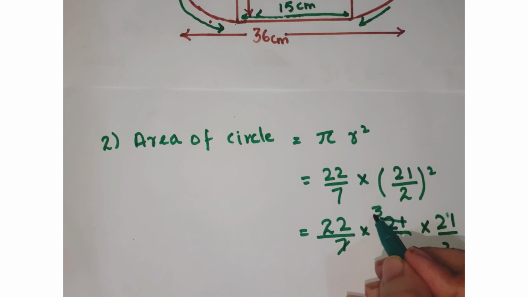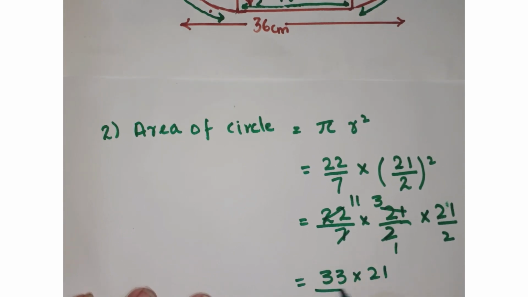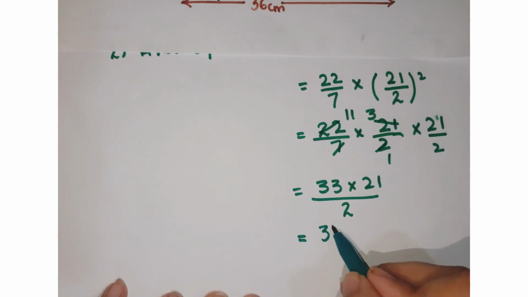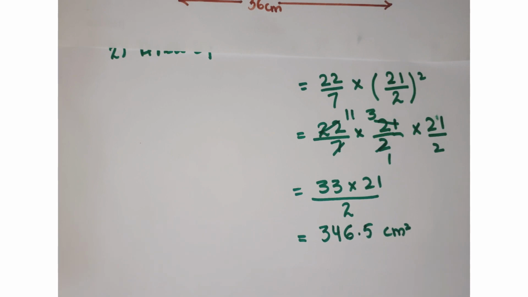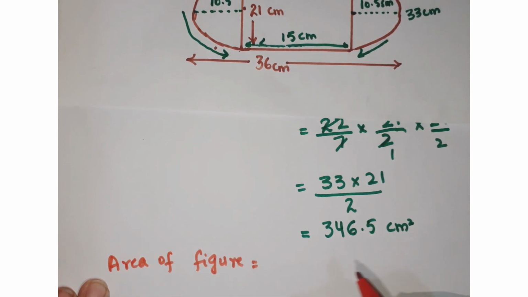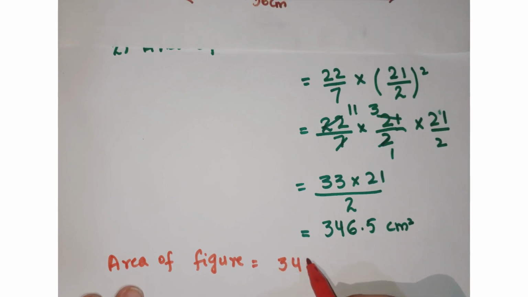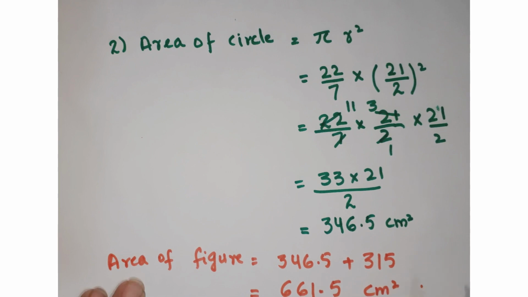So you get this 11 and I think this is 33 into 21 upon 2. So you get here 346.5 centimeters square. Now the area of the total figure can be calculated by adding up both the values, that is 346.5 plus 315, and you get 661.5 centimeters square, and we are done.